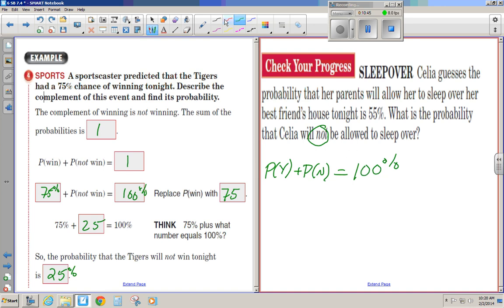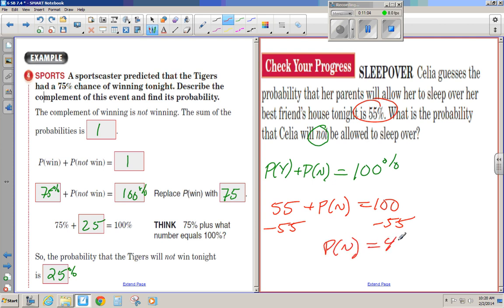You know from the story problem that 55% is the yes. When you subtract 55 from both sides, the probability of no is 45%. So there's a 45% chance that Celia will not be able to sleep over at her friend's house.